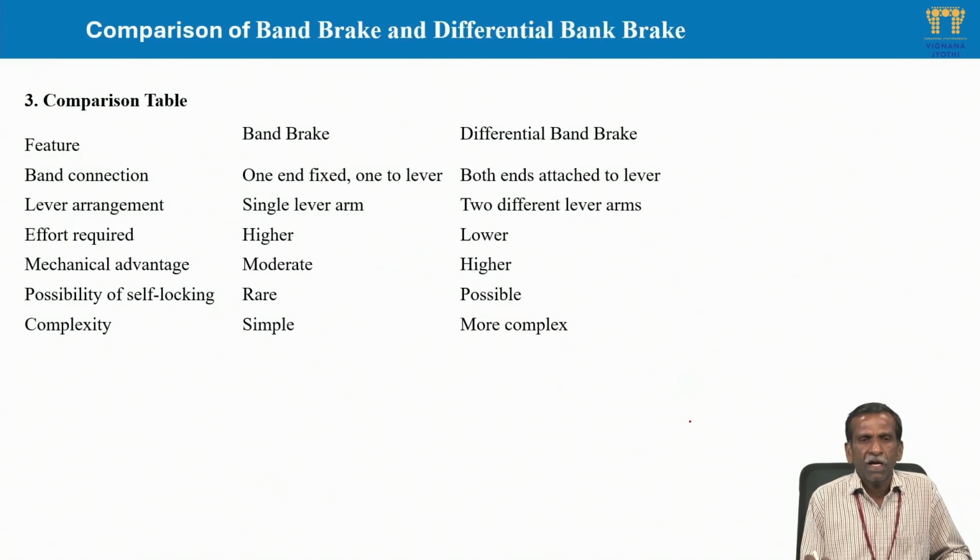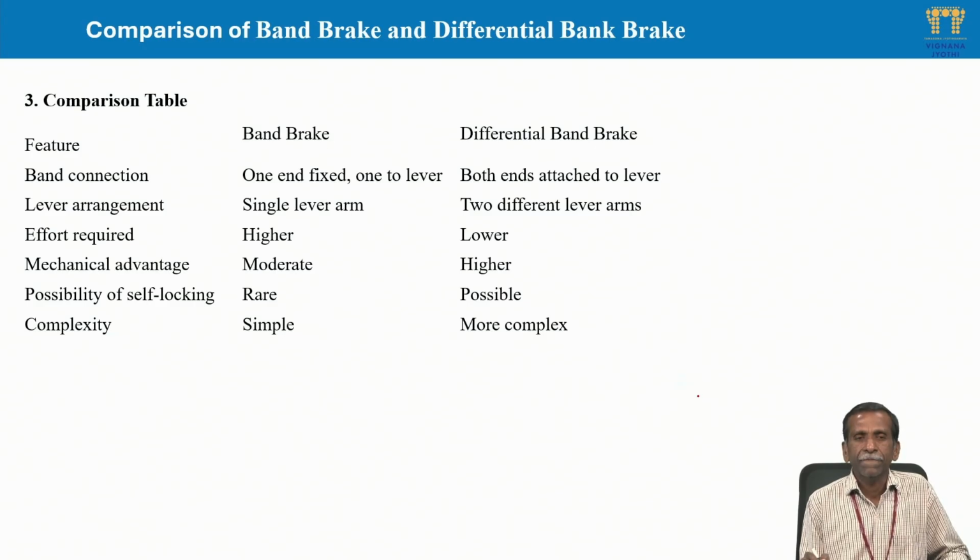Let us see. Before that, if we compare these two, band brake and differential band brake: in case of band brake, one end of the band is fixed to the frame or fulcrum, and one is attached to the lever, and in differential band brake, both ends are attached to the lever.